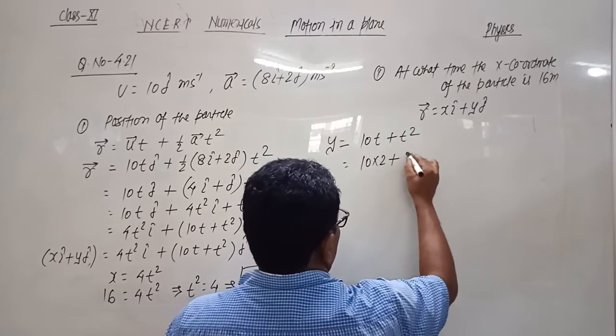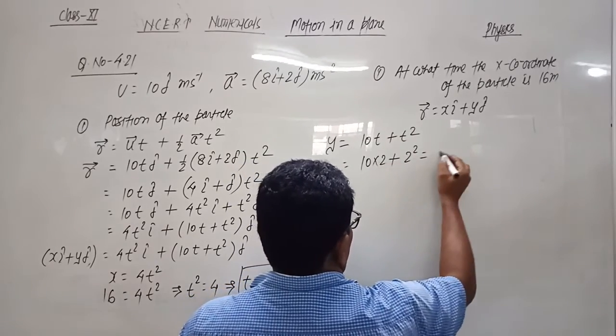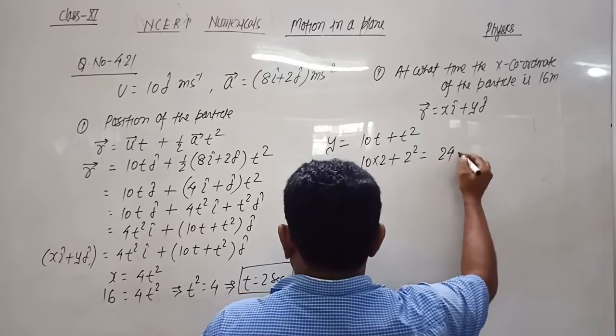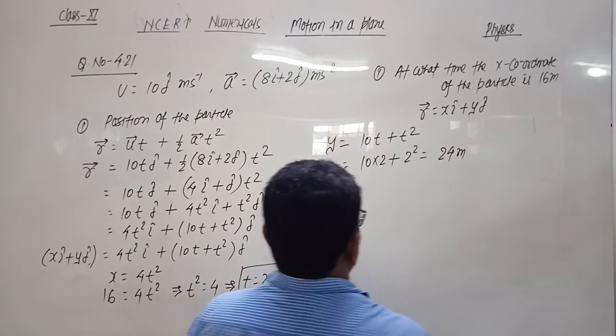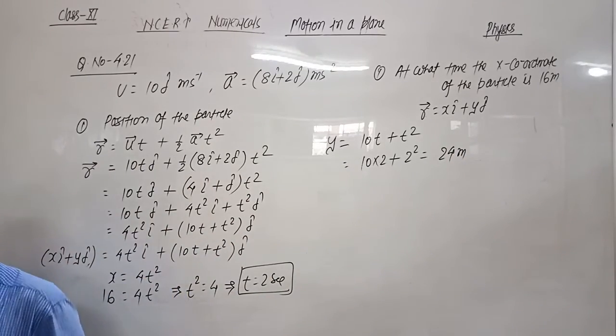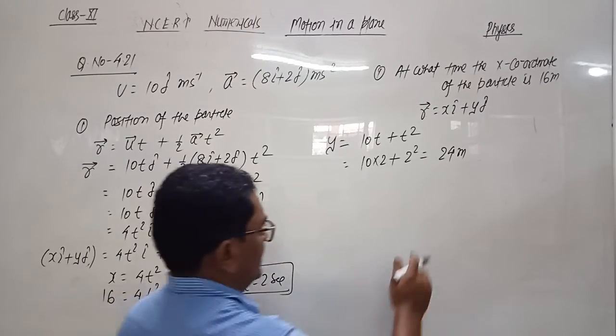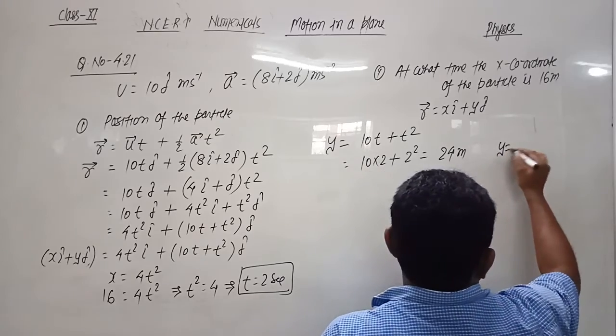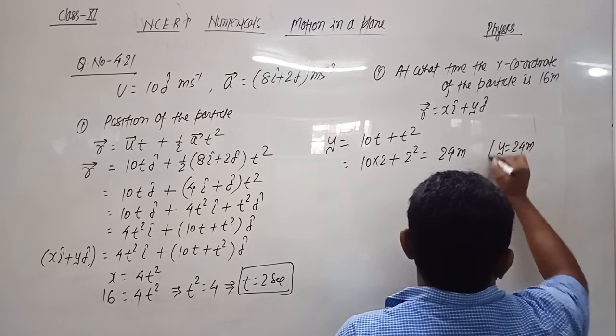So 10 into 2 plus 2 whole square, 20 plus 4, we get 24 meters. So the y coordinate of the particle at that time is 24 meters.